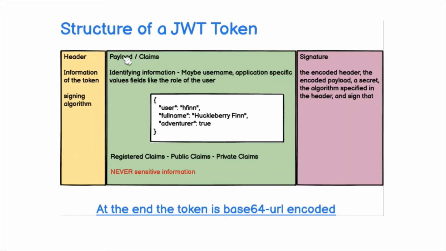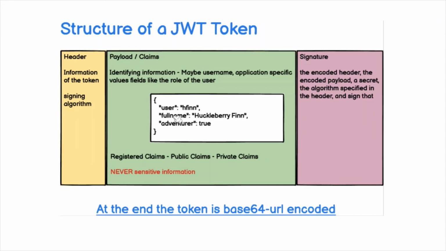Next is the payload, where we as programmers will be populating the payload. It will have the identifying information, maybe the username, maybe application-specific fields like the role of the user. Here is an example: user HFin, full name Huckleberry Finn, adventurer role is true.